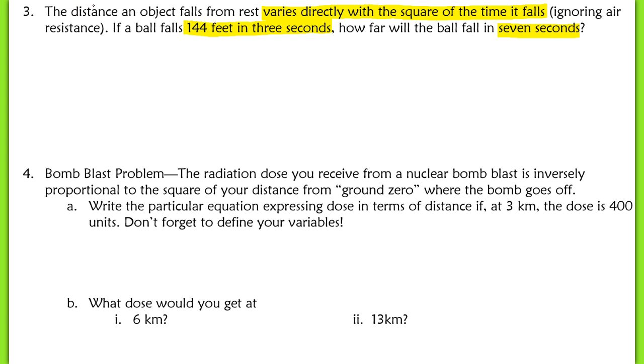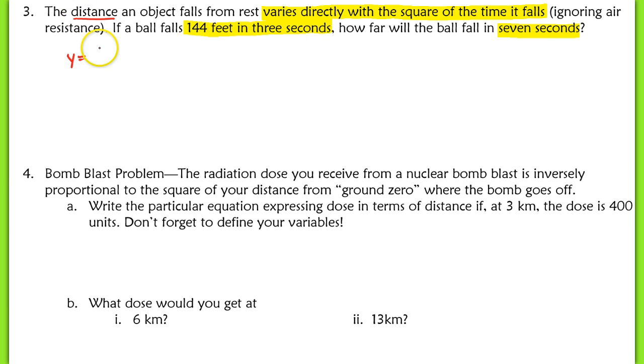So let's begin by defining our variables. Now the way that this problem is worded helps you a lot because here it says the distance varies directly with the square of time. So remember, thinking back to our examples, it reads usually as y varies either directly or inversely with x, right? So in this case, our dependent variable is going to be distance, so that's like the y variable.